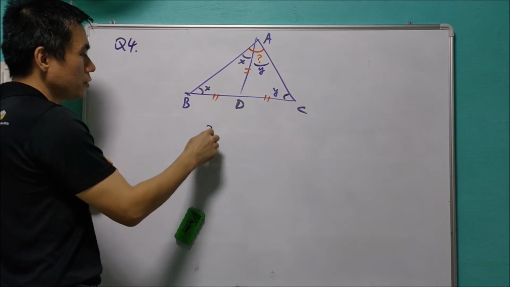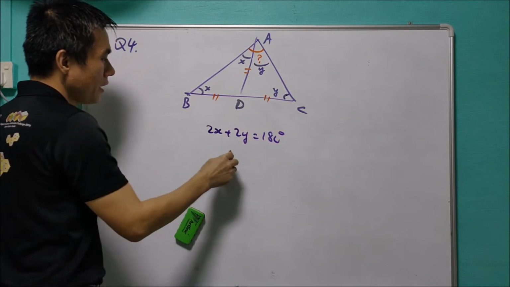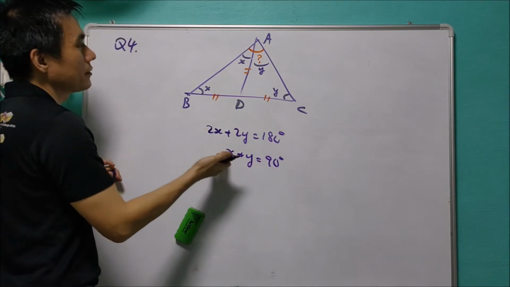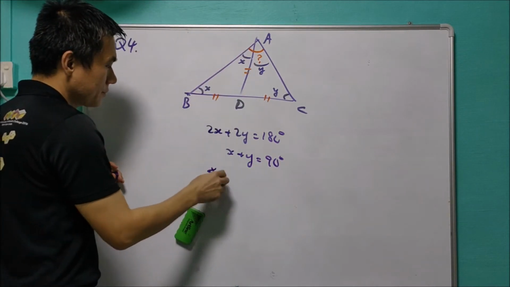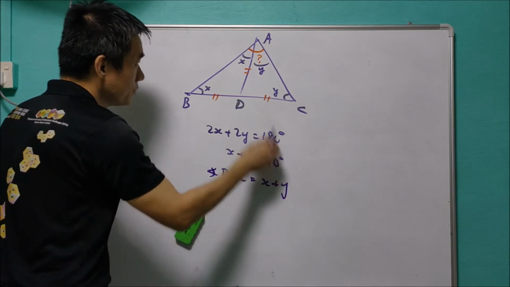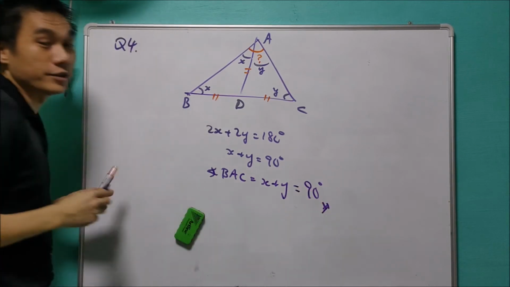So it means that 2x plus 2y equals 180 degrees, and therefore x plus y equals 90 degrees. Angle BAC is exactly equal to x plus y, and therefore equals 90 degrees.